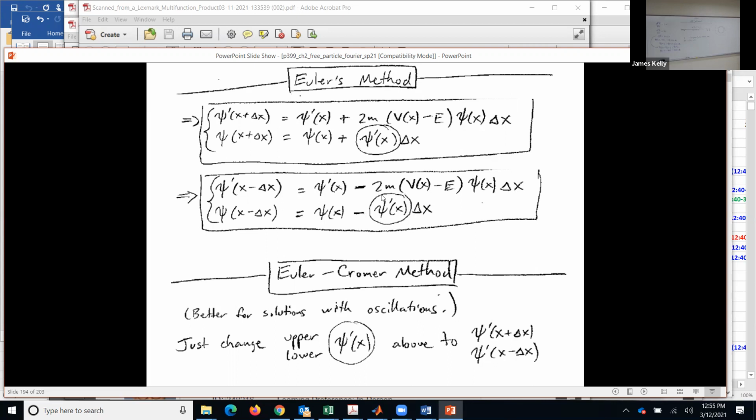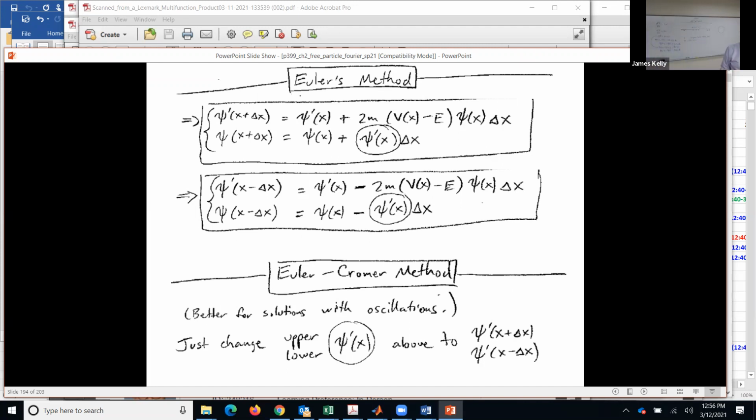I'm using psi prime at the old position here, but I've already calculated what it is one position to the left and one position to the right, so I could use those values instead. That change means that when something's periodic, when you gain a little bit on one side, you lose a little bit on the other, and on average you don't overshoot or undershoot, and it keeps your solution a little bit more accurate.